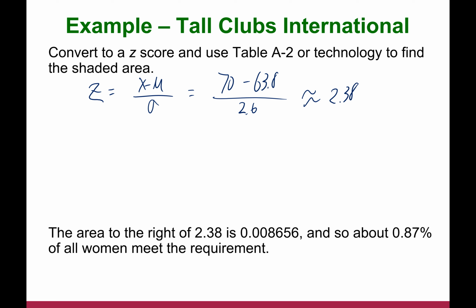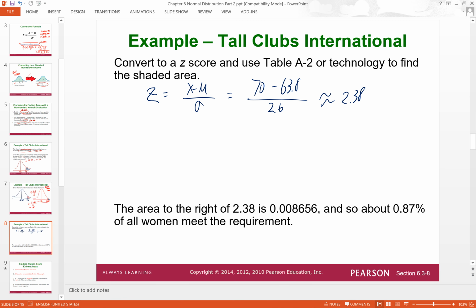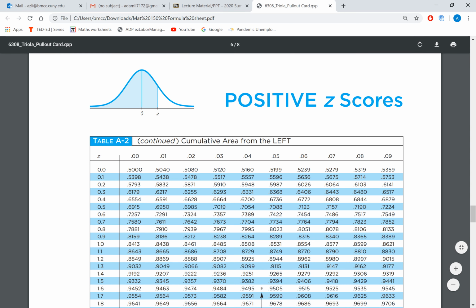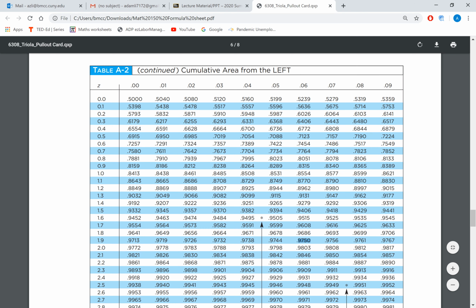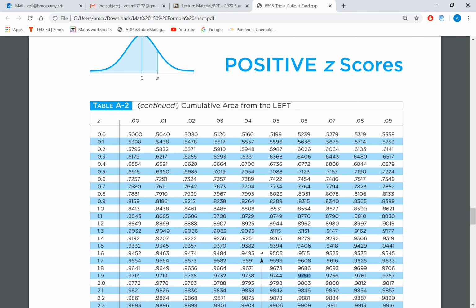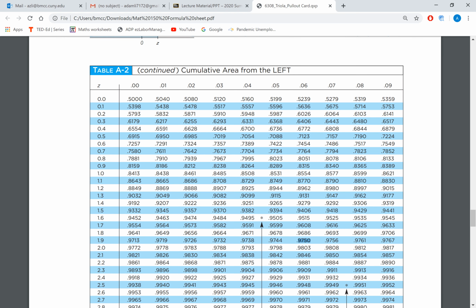Now go back to table A2. Look for 2.38 on the second page of table A2, and you're going to see an intercept right here.